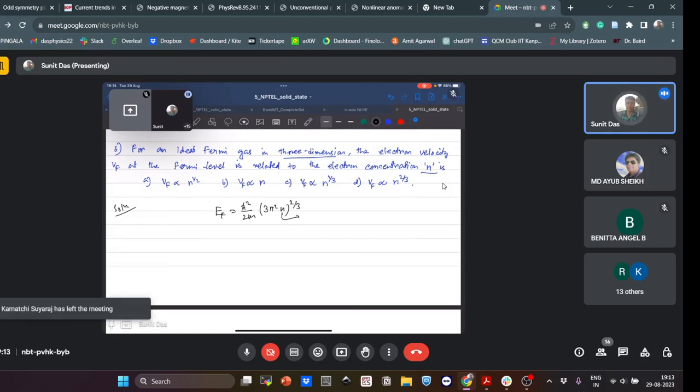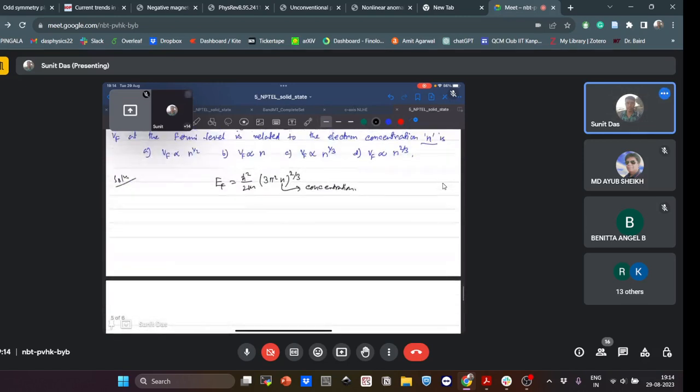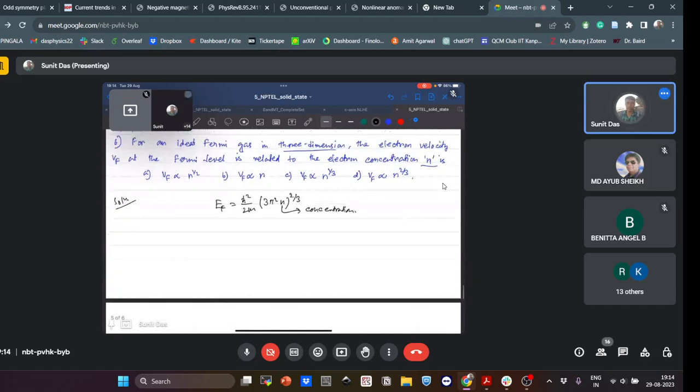Here n is the concentration. Now we need to find Vf, right? So Vf is the velocity when the electrons are at the Fermi energy or the Fermi level.